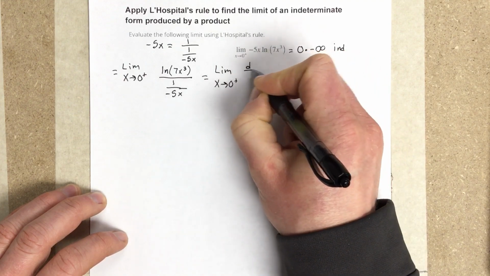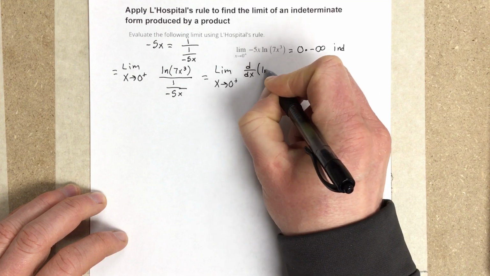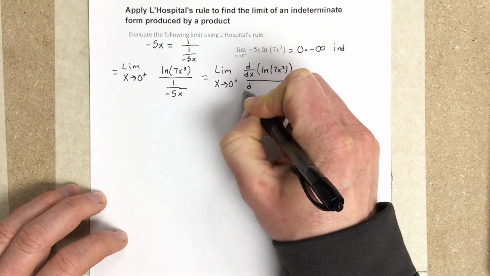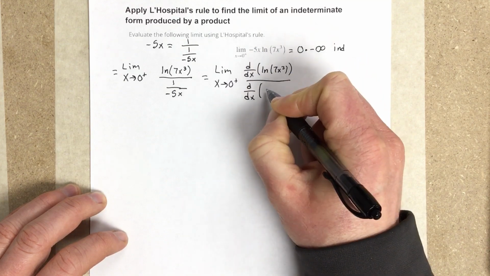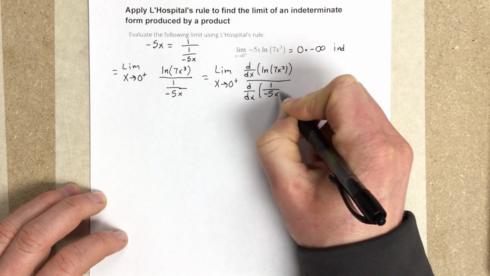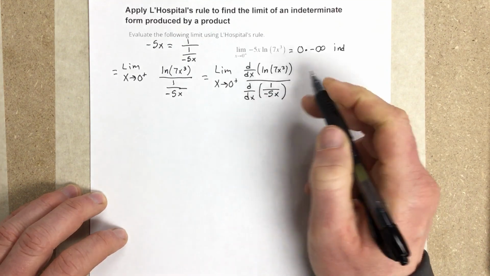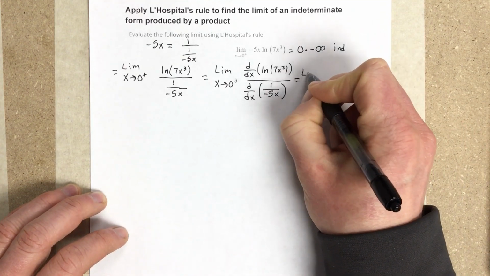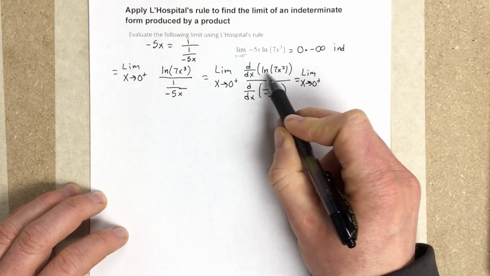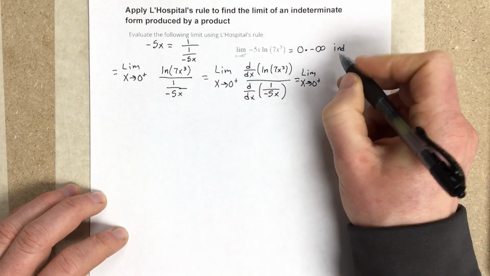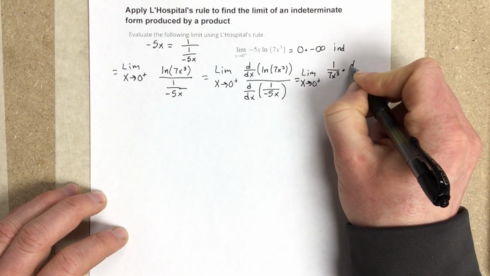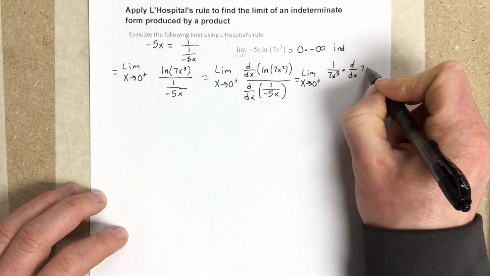So I can take the derivative of the numerator and the derivative of the denominator. When I take the derivative of the numerator, I end up with the limit as x approaches 0 from the right. I will have the derivative of natural log, which is 1 over 7x cubed times the derivative of the inside, 7x cubed.